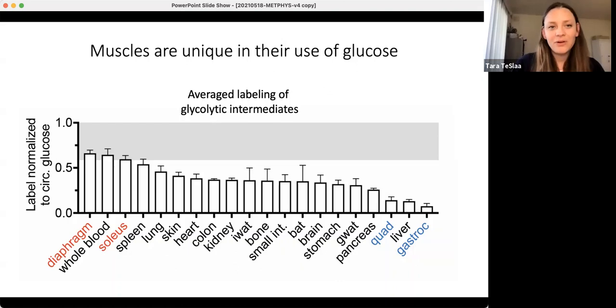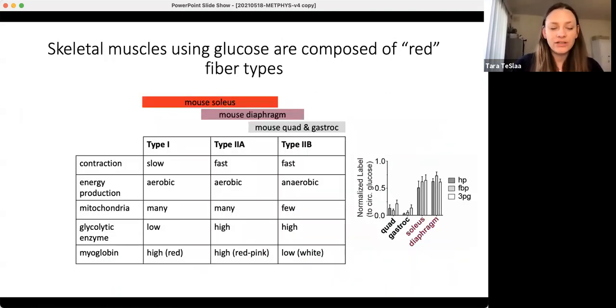And so we were really interested in why these muscles are behaving so differently. And many of you probably know that there are different types of muscles and muscle fibers. So the mouse soleus is made of a lot of slow twitch muscle fibers that are high in mitochondria and high in myoglobin.